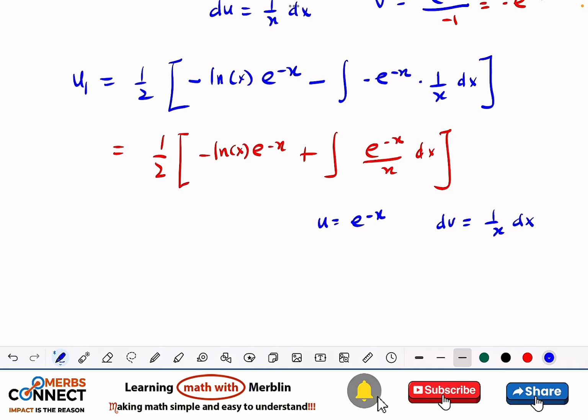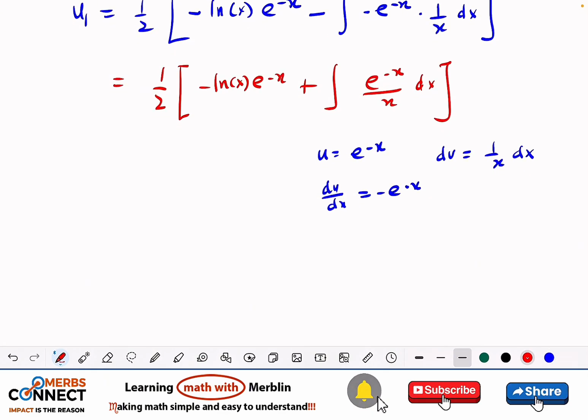When I differentiate this with respect to x, I'm going to have minus e to the power minus x, so du is equal to minus e to the power minus x dx. Integrate this, integrate this. Now, when I integrate 1 over x, I get the natural log of x.